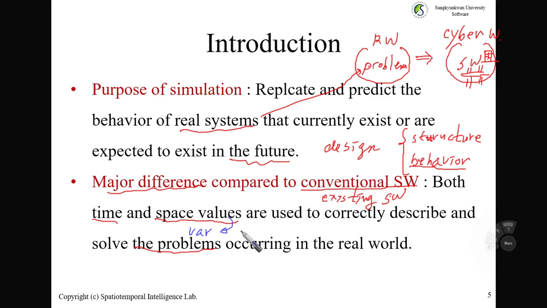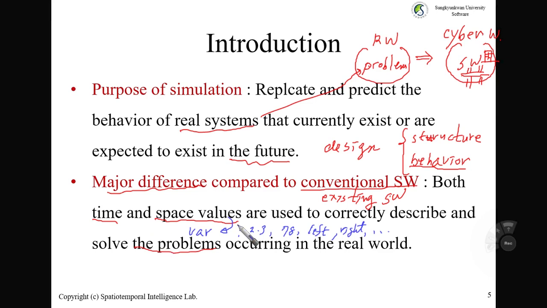Either this is some mathematical values or symbolic values. For example, 2.3 or just 78. So these are numeric values, or symbols like left, right. Somehow you represented these symbolic values within the variable.